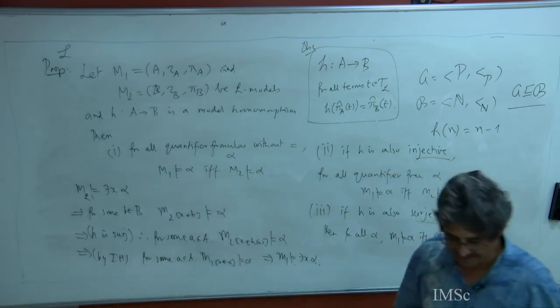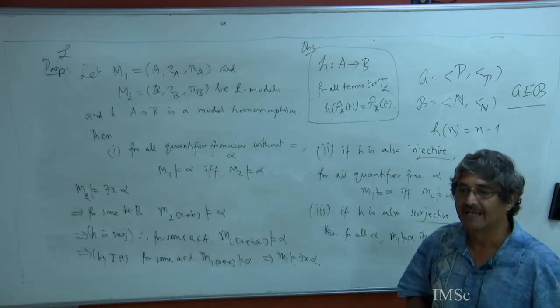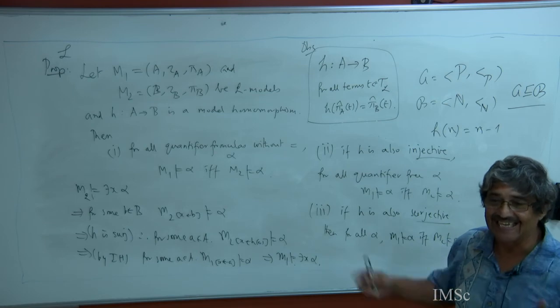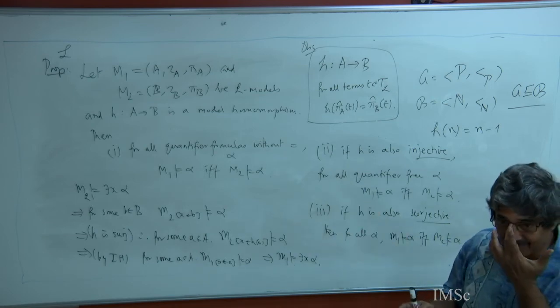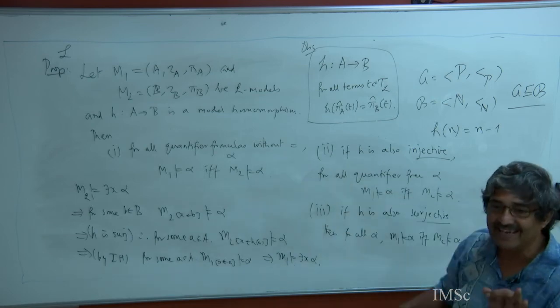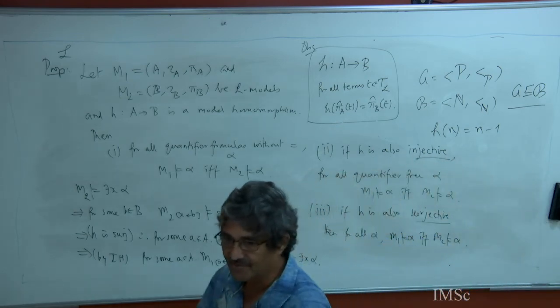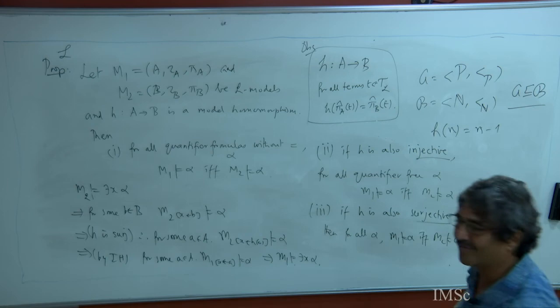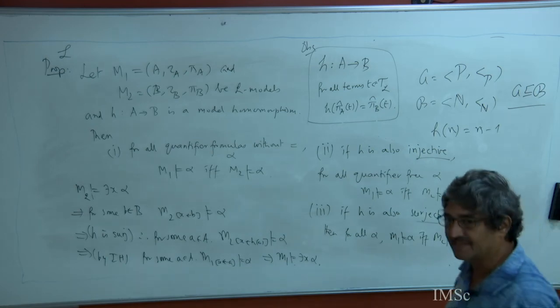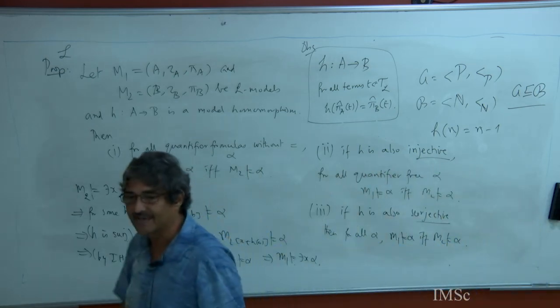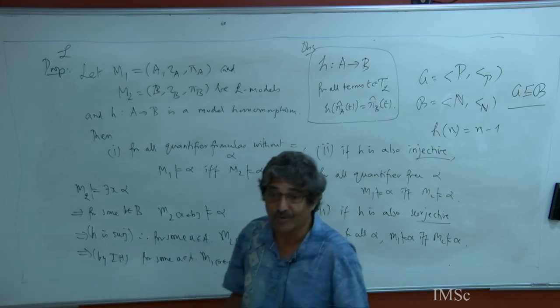Okay. So it's, as I said, just a sanity check, but I think it's important to understand exactly which part of the definition you need for which part of the proof. In general, this is how you write it in a proof. If two structures are isomorphic, they satisfy the same sentences. That's what you are looking for.